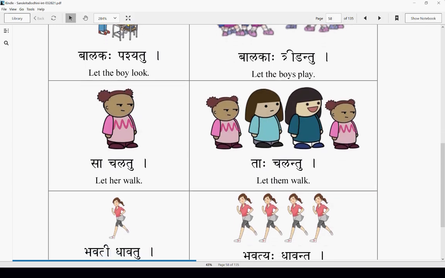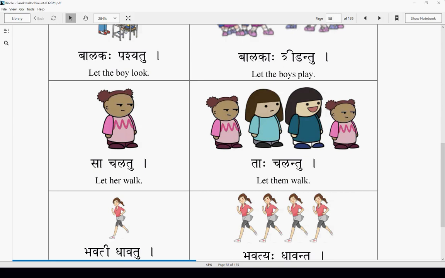Then we have sa chalatu. Any question? Sorry, I have a question. So this lot lakara doesn't fall under any tense, is it? Yeah, it is not a tense in the sense that it doesn't indicate any kala or a time. And just a very quick recap of what we did in the Kriya Pada Parichaya special class: there are 10 lakaras in Sanskritam.